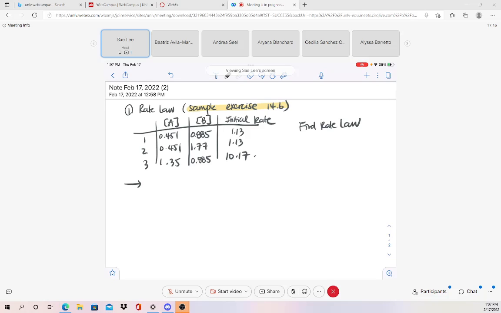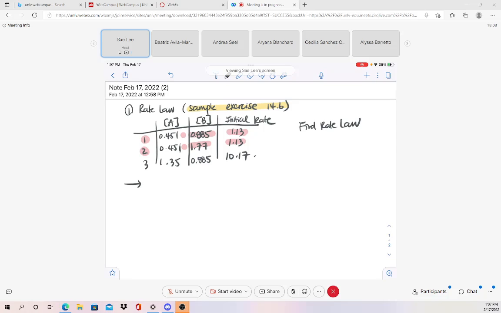So looking at experiments 1 and 2, you can tell that while concentration A was held constant, when you increase the concentration of B, the rate stayed the same.